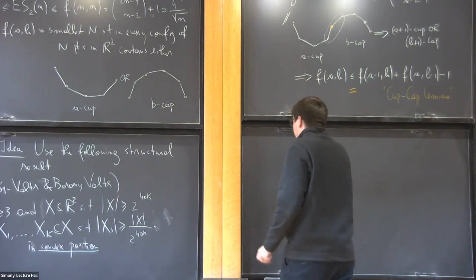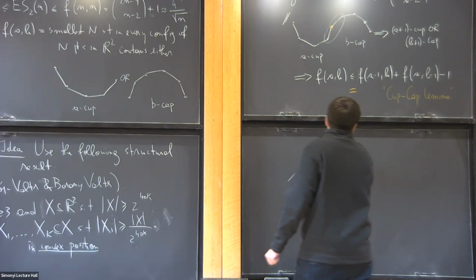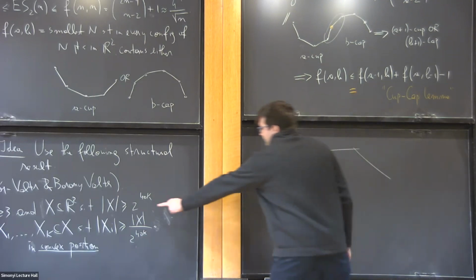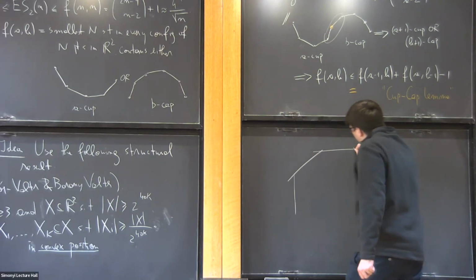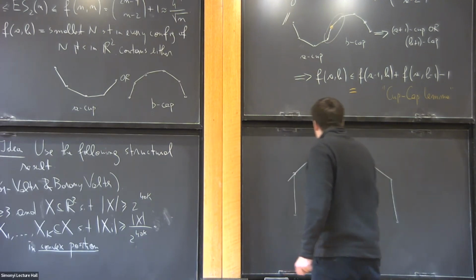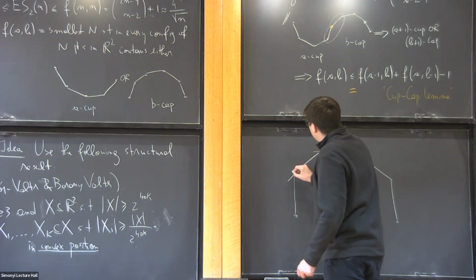Okay, so you pretend that this is 4 to the k for the moment, and find a convex k-gon. That looks like this. Okay.